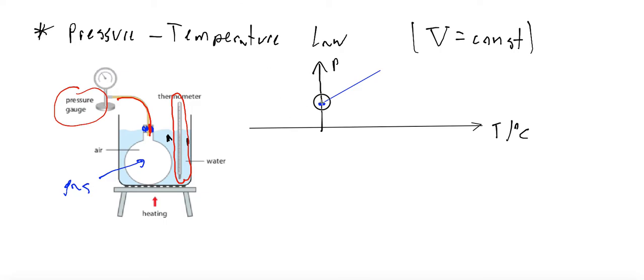If you elongate this line, it should cross the x-axis at minus 273 degrees Celsius. So what does it mean? At absolute zero.